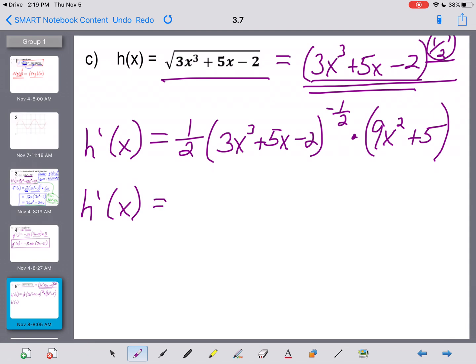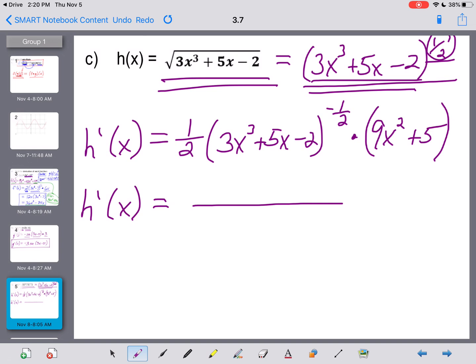But one of the things you guys have heard me say is to simplify as much as is reasonable, and going along with that, to try to get the format of your answer to match the format of the original function, which is right here. And you'll notice that when h of x was given to us, it was given to us using a radical, not with a fractional exponent. So I think it would be worth our time to take a moment here and try to write this maybe in a better way.